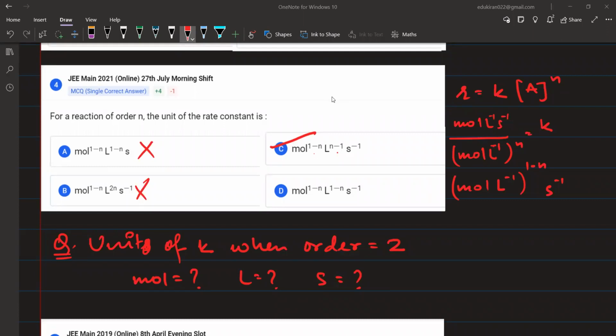Tell me what will be the power of mole, Aditya? What will be the power of mole if the order is 2? -1. And liter will be 1. And second will be inverse, -1. Correct.